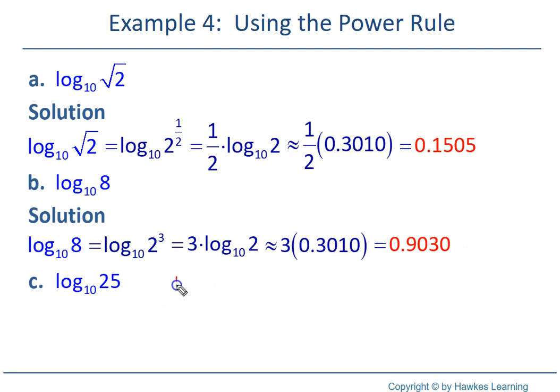So it would be log base 10, and this is going to be 5 to the second power. So when we write it, it's log base 10 to the fifth.